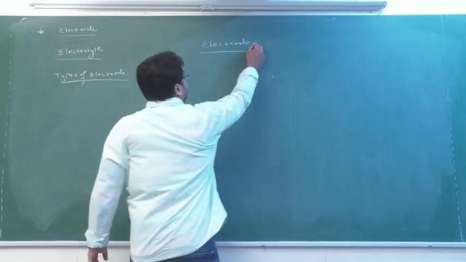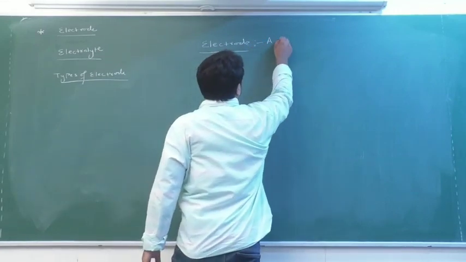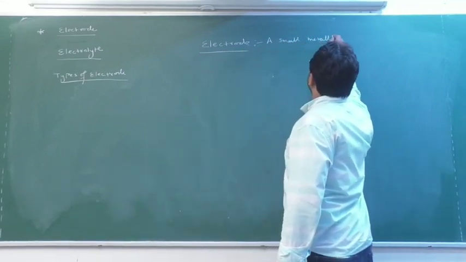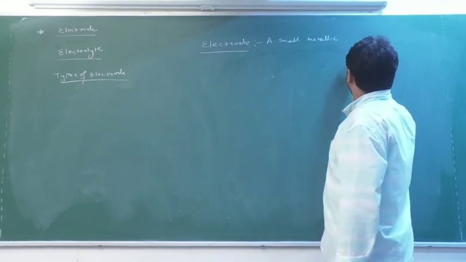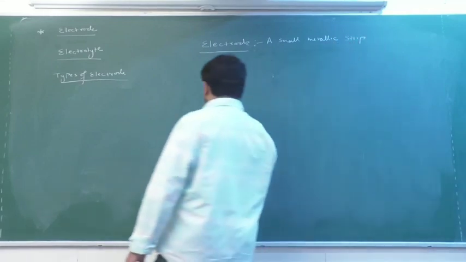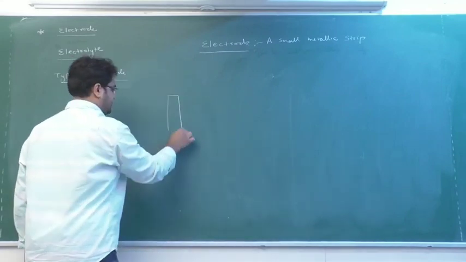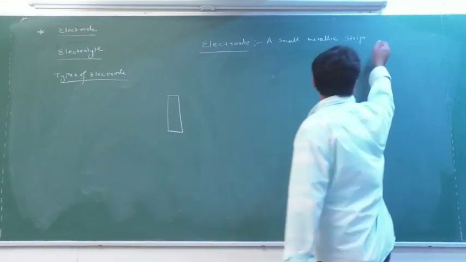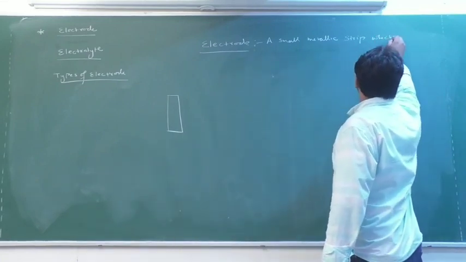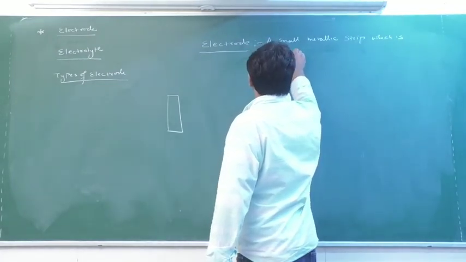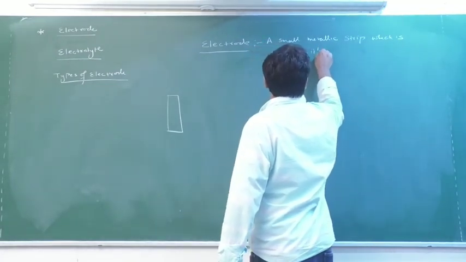So you can note down electrode: a small metallic piece. I am saying piece; in the book they have written strip. Strip means a small piece like this. Very simple. So a small metallic strip which is dipped in its salt solution.